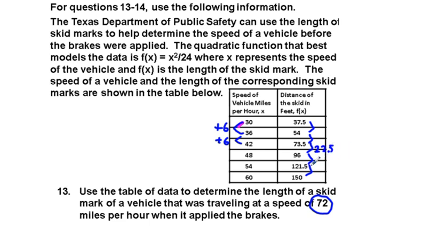And then 121.5 minus 96, that's going to be 25.5, is that right? And then 73.5 minus 54 is going to be plus 19.5. And then 150 minus 121.5 is going to be 28.5.